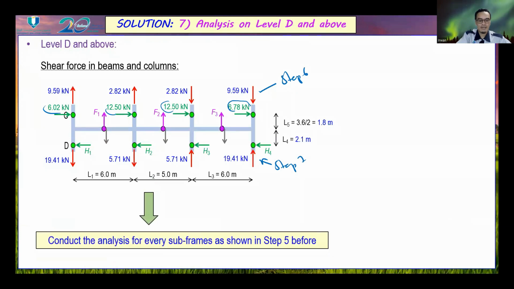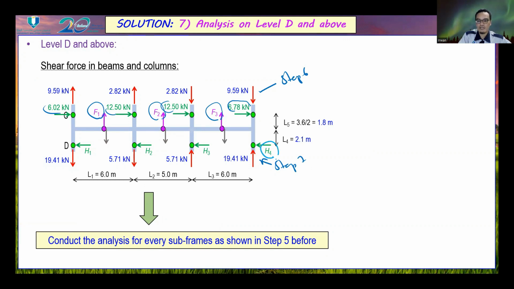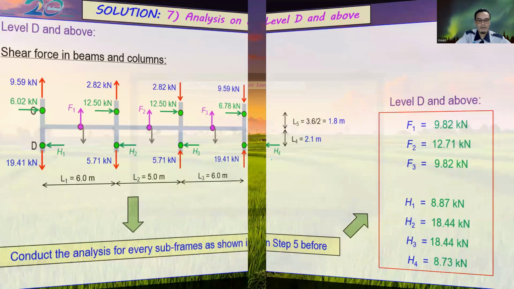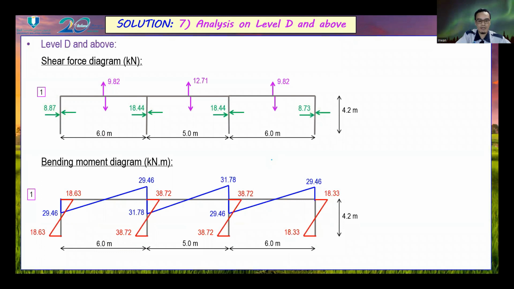We conduct this analysis for every subframe as shown in step number 5, which we consider one by one: the subframe of F1, the subframe of F2, and the subframe of F3, and then we end up with the whole frame to obtain H4. So this is the final result of the shear force in the beam and column. This is the shear force diagram for the beam and column, and this one is the bending moment diagram for the beam and column.